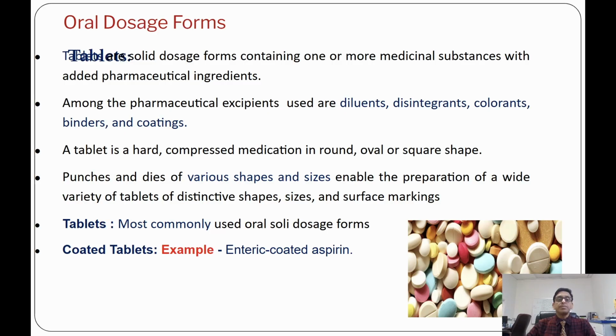As I said, tablets are considered the most common and most popular dosage form among all. There are many examples, like coated, enteric-coated, uncoated or film-coated tablets. One example is enteric-coated aspirin tablets.